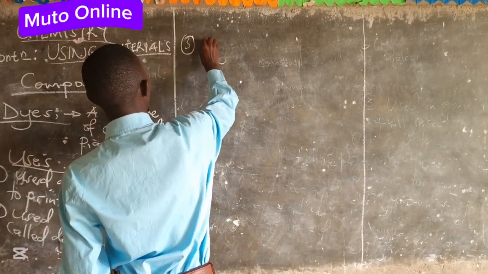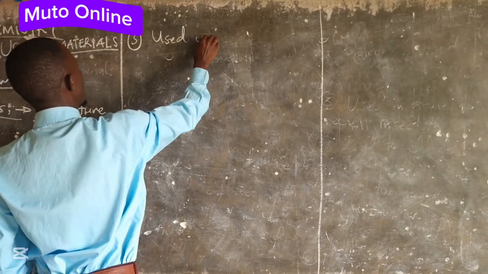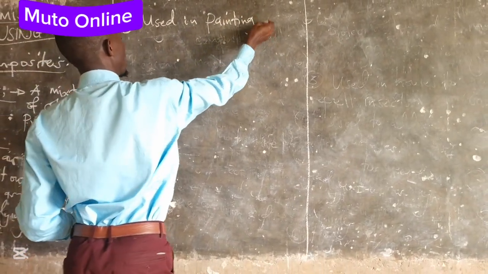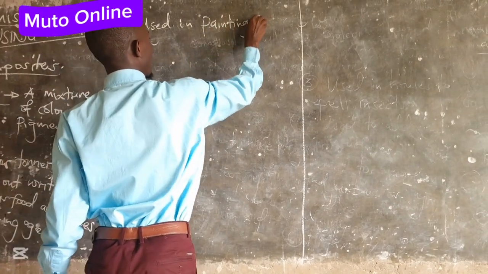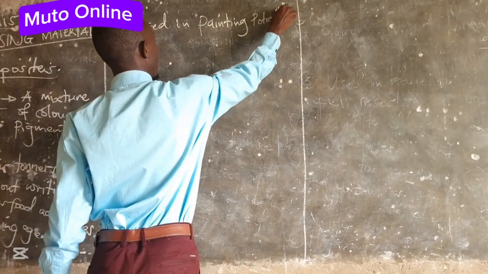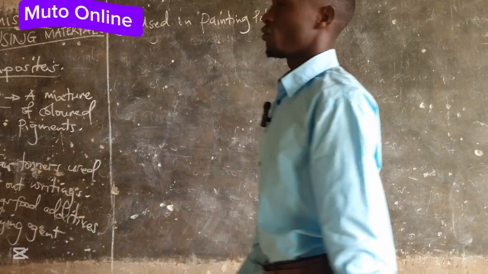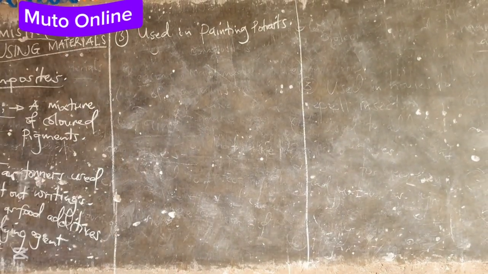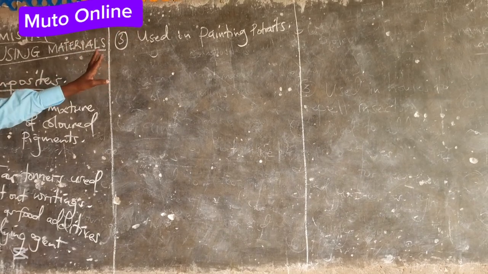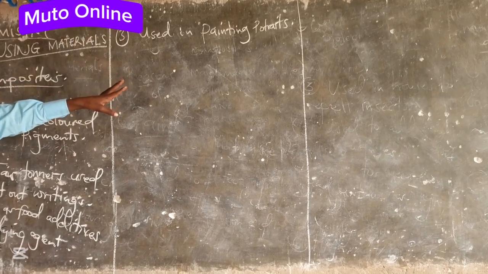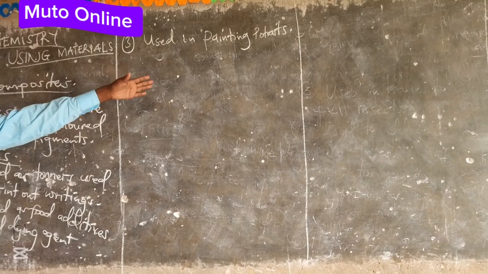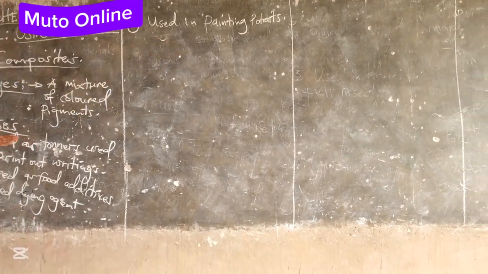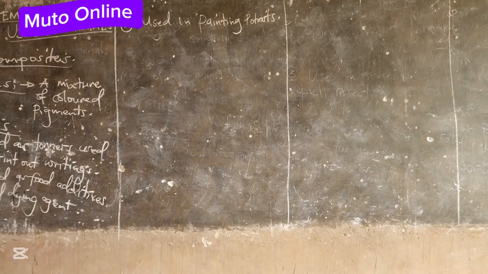The dyes are used in painting portraits. We know the people who practice art, they always make pictures out of these dyes and canvas using brushes. They make the pictures of different things. They are done using dyes.